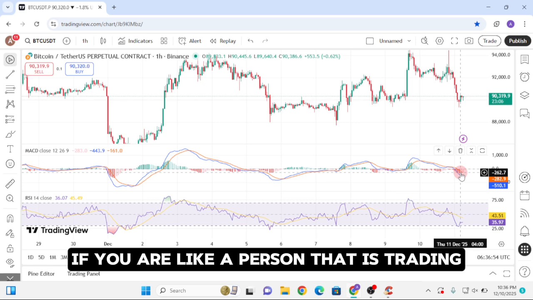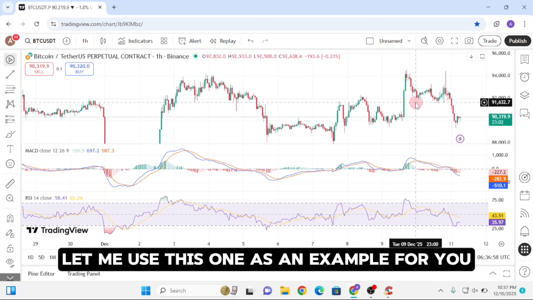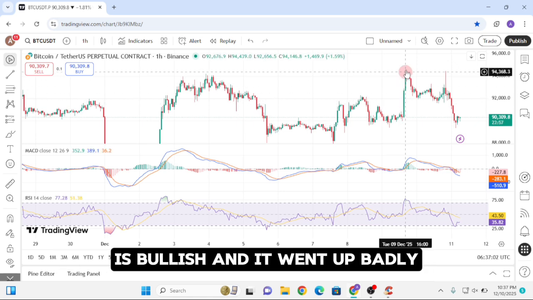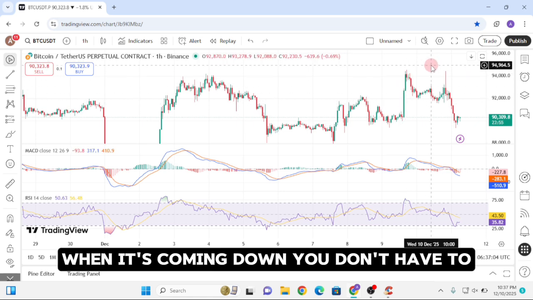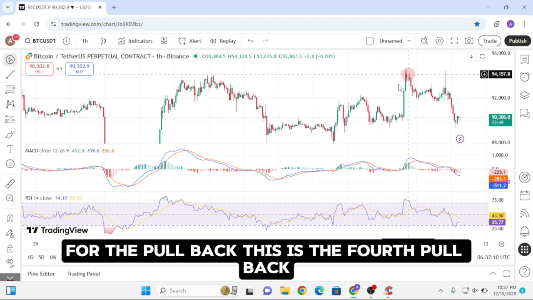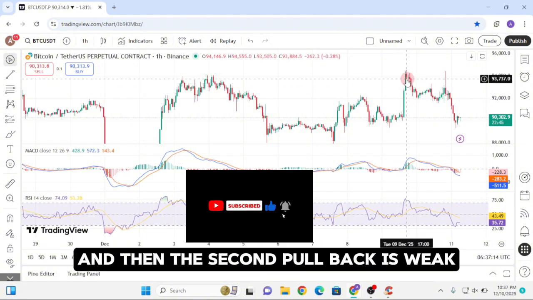Let me use this one as a sample for you. You see at this point the candle is bullish and it went up strongly. So when it's coming down, you don't have to predict a short at this point. You have to wait patiently for the pullback. This is the first pullback, and then the second pullback is weak.